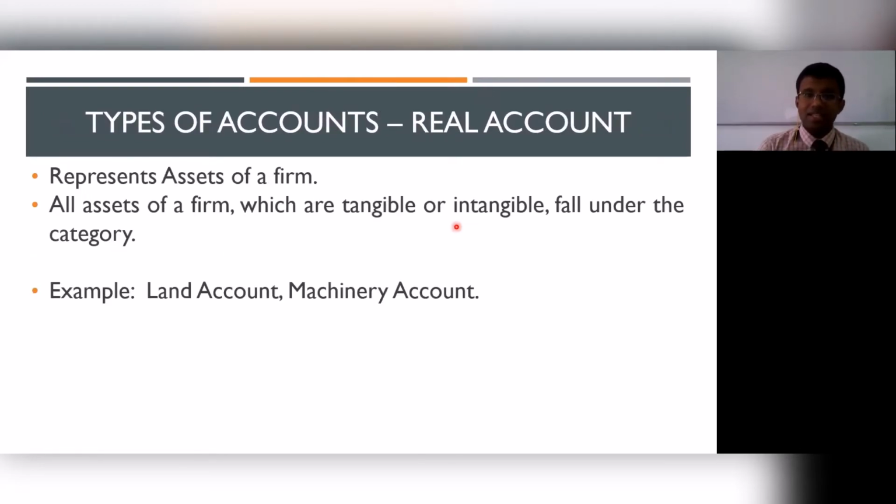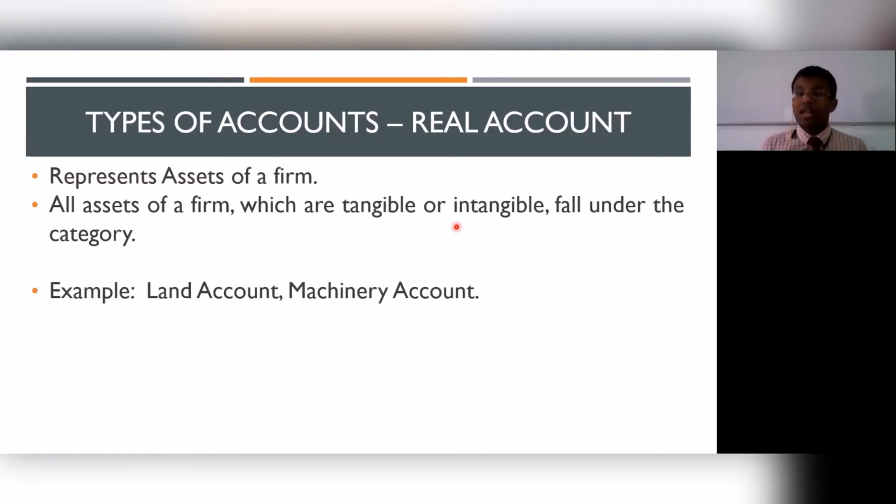The next is real account. Okay, the next is real account. When the account represents the assets of a firm, it is referred to as real account. Okay? Whenever the account represents an asset, it is said to be real in nature. Now, assets, you can have two types. You have tangible assets and then you have intangible assets.